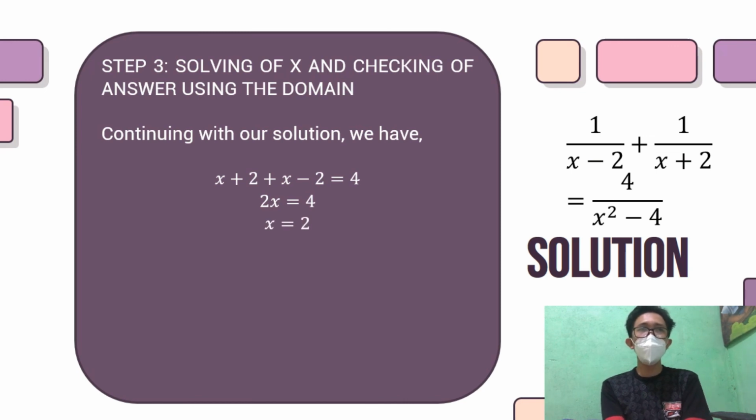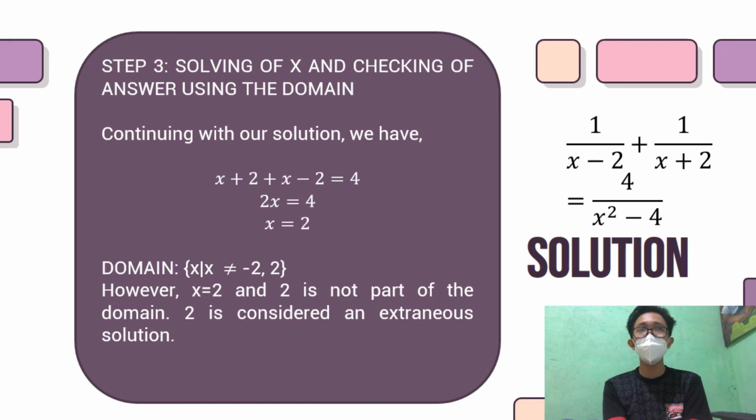The domain now is x such that x is not equal to negative 2 and 2. However, we got a solution which is x is equal to 2, and 2 is not part of our domain. Therefore, 2 is considered an extraneous solution.